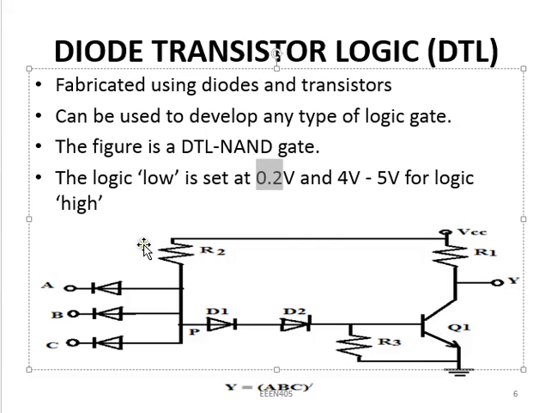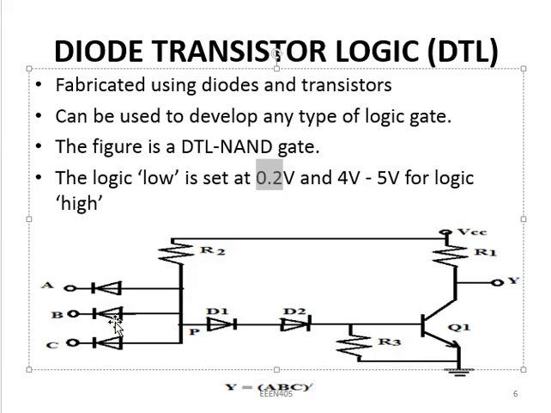Okay, but now in a situation where A, B and C, all of them are high, so if like 4 volts or 4.5 volts comes here, and these ones are also at that same voltage, 4 or 5 volts, it means the potential difference across each of these diodes should be 0, which means the diodes are not conducting.